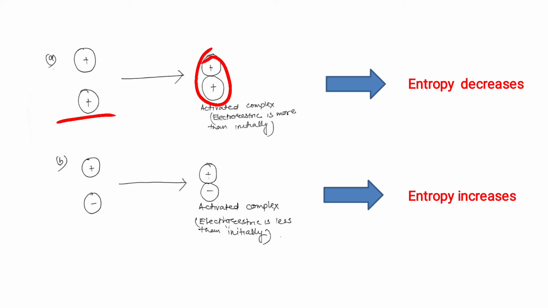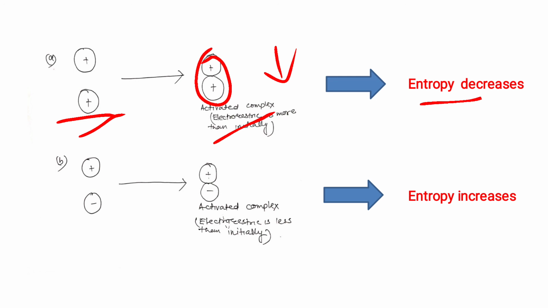They will not move as their earlier movement was. This is called the electrostatic restriction. Due to this electrostatic restriction, the entropy of the solvent molecules will decrease here, so the overall entropy of the solvent and solute molecules decreases.